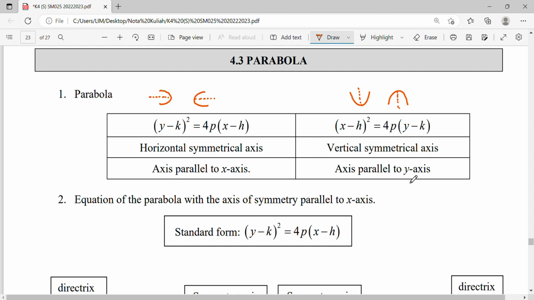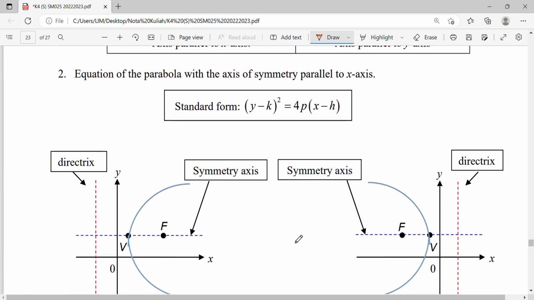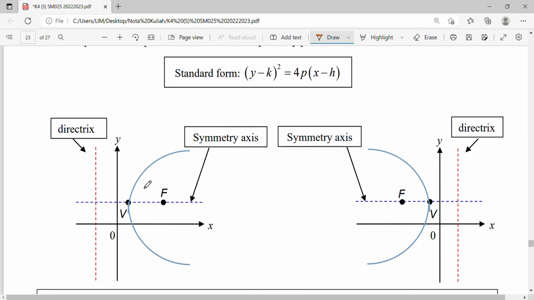Now we're going to look at the first type, open to the left or open to the right, where the standard form will be y minus k squared equals 4p times x minus h. To know whether this parabola opens to the left or to the right, it depends on the value of p. If the value of p is positive, the parabola will open to the right.